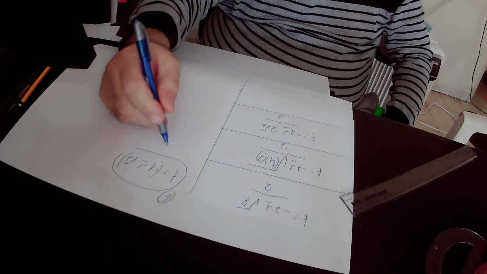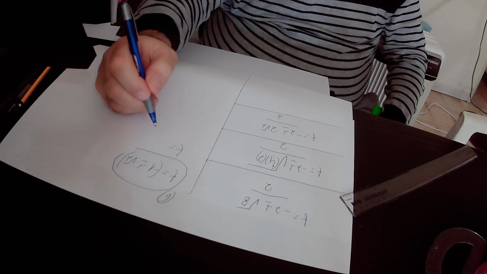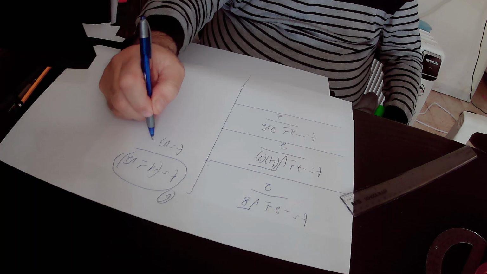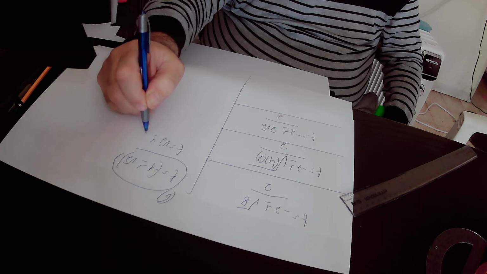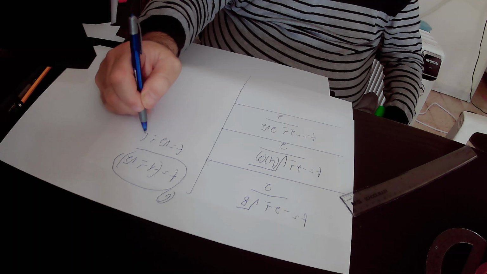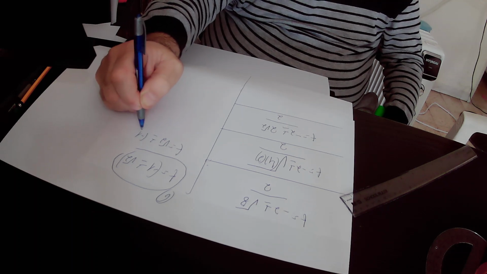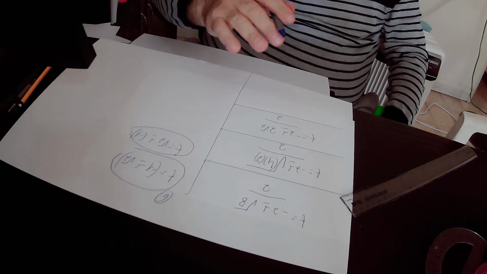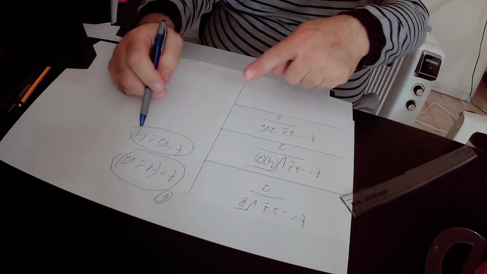Or we can write down that t equals the square root of 2 plus minus this minus 1, because a plus b equals b plus a. You can change the order.